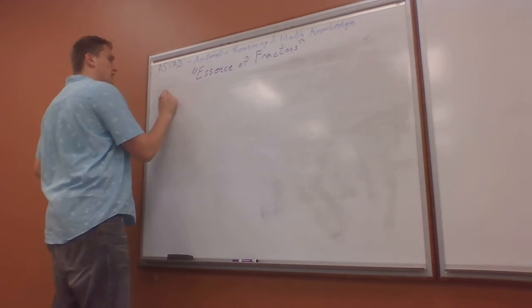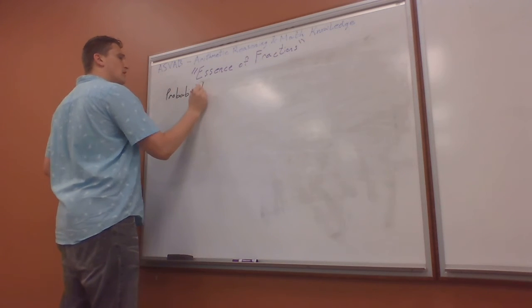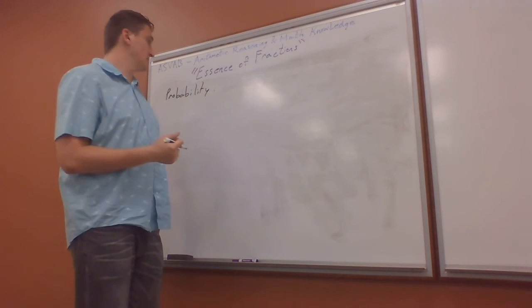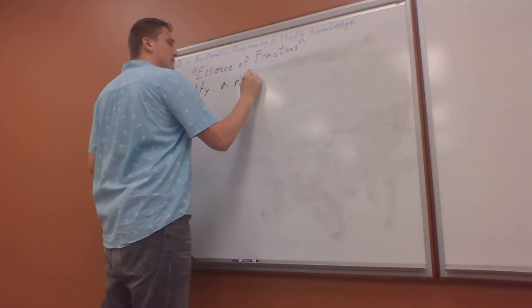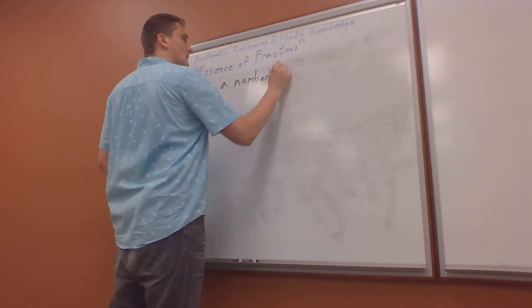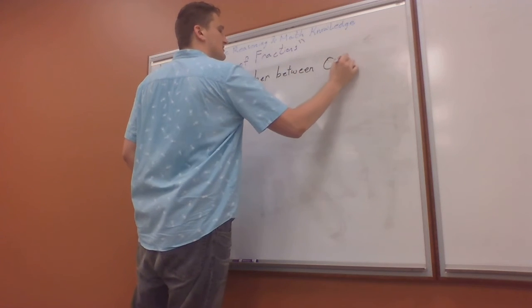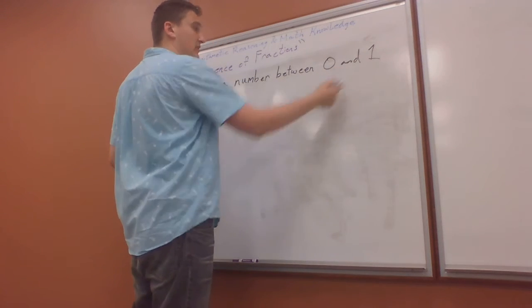So when it comes to probability, here's a definition for that. So what is probability? It's related directly to fractions. Probability is a number between 0 and 1, inclusive. It can be 0 and it can be 1.